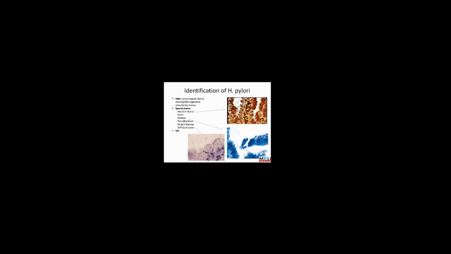If you have a very good microscope, then the spiral shaped H. pylori, I have personally seen them even on a good Nikon variety of microscopes, however they can be obscured by mucus. With the Warthin-Starry stain, these are the H. pylori, and here you can see on Giemsa stain the H. pylori inside the lumen.